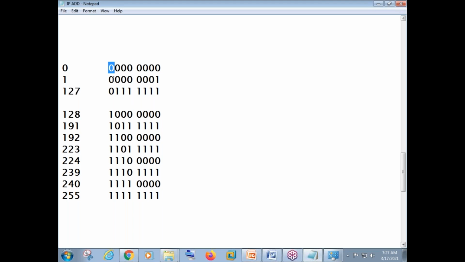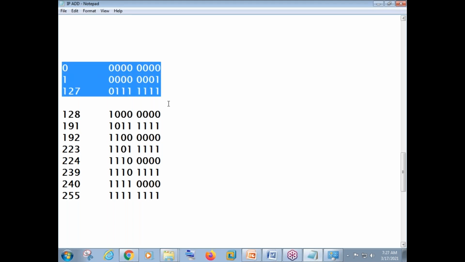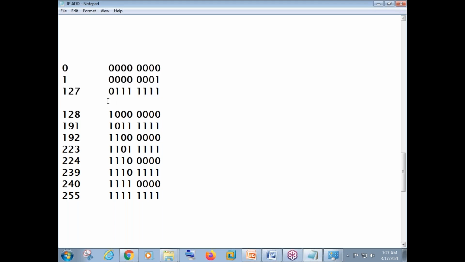Now see here. Can you see the first bit here? It is 0, 0, 0. That means if you take any decimal number from 0 to 127 and convert it into binary, the first bit will always be 0. Like if you take 75, the binary will be 0 and some numbers will come here.